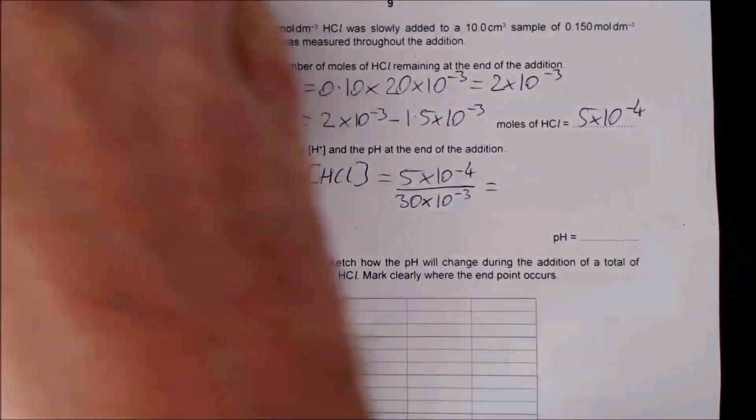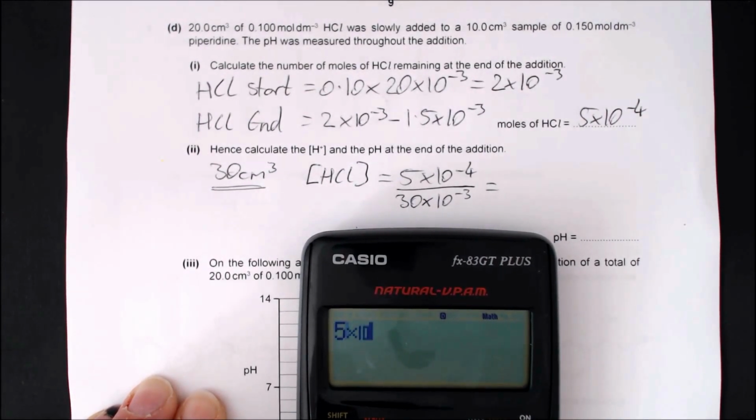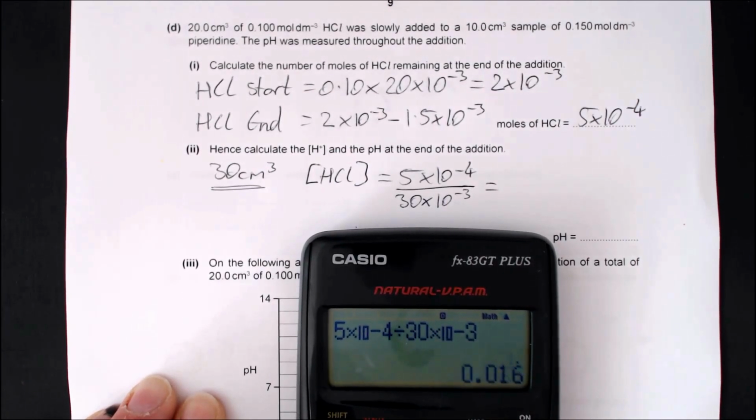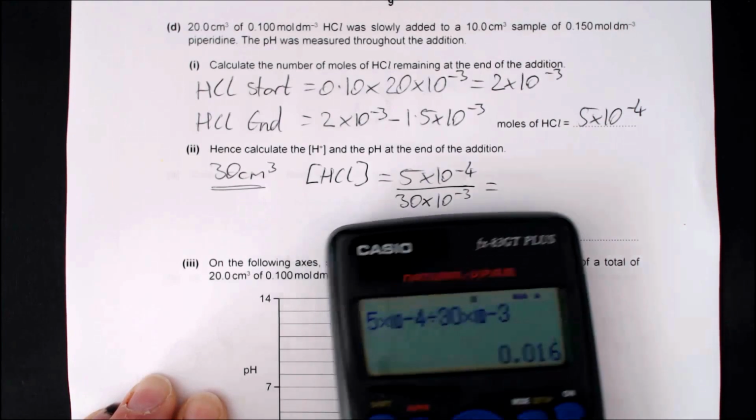Then on the calculator, it's 5 times 10 to the minus 4, divided by 30 times 10 to the minus 3, because that converts it into decimeters cubed. And we should get 0.016. I'll put that in standard form, so that's 1.6 times 10 to the minus 2.